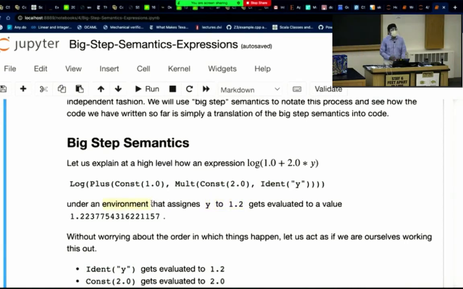An environment in an interpreter is something that carries around the names of all the identifiers that you know about, and they are all mapped to numbers. Because right now, numbers are the only type in our language, so everything is mapped to a number. That's the only thing we are working with right now. Eventually, you will get more and more things.